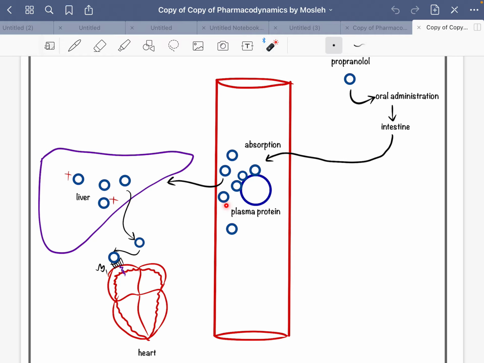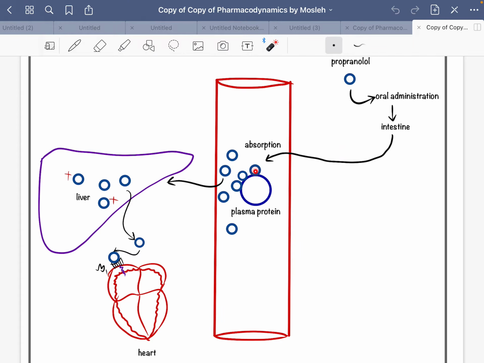Among the 7 propranolol, 3 propranolol are attached with plasma protein. This parameter is called plasma protein binding. That means whenever a drug reaches the circulation, some of the drug is bound with plasma protein. This is called bound drug, and this bound drug is inactive.